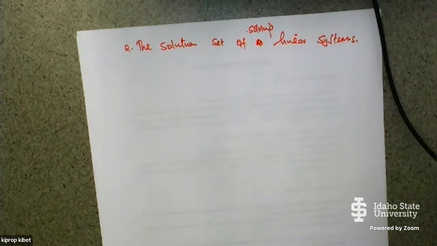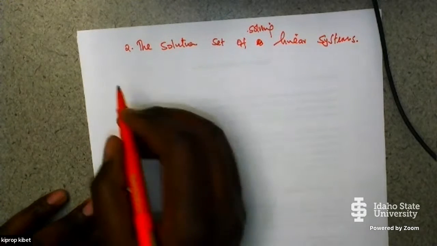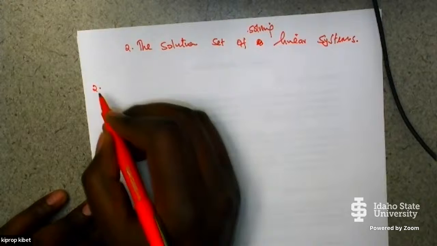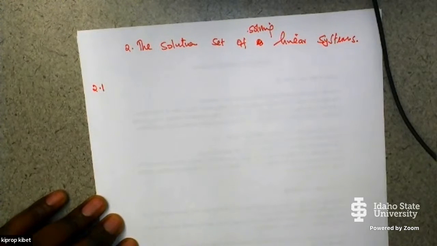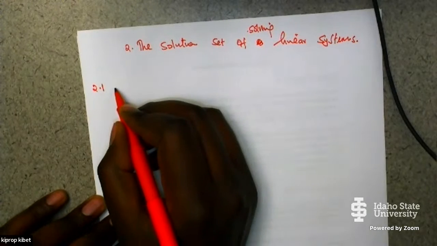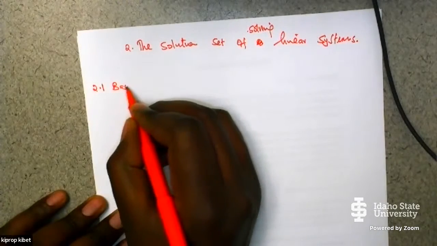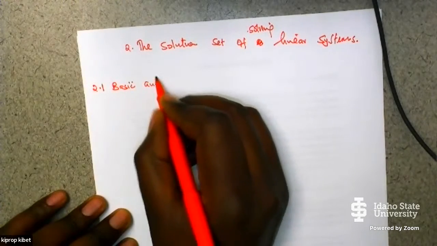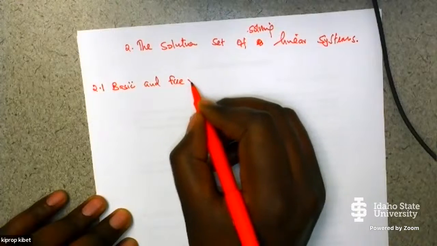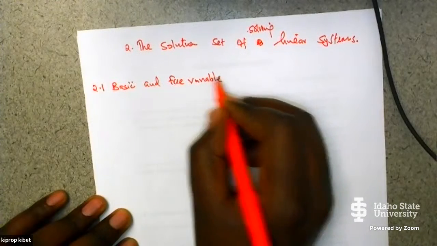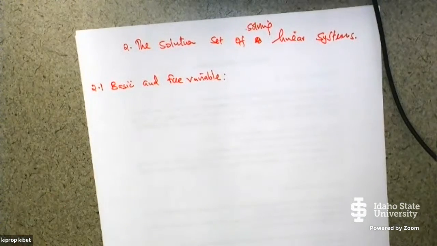This gives us the first subsection, 2.1, the basic and free variables.